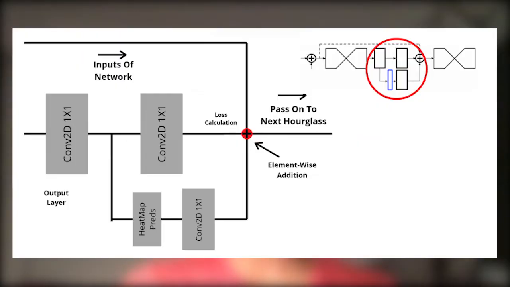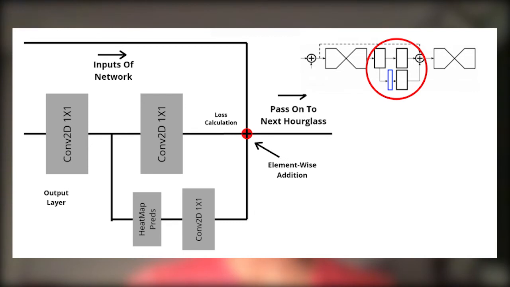Then in the output, we do two 1 by 1 convolutions and make our heat maps. Then we pass the heat maps into a 1 by 1 convolution to make sure it's the same size as everything else, and then we perform element-wise addition with the inputs and both of the network's outputs.